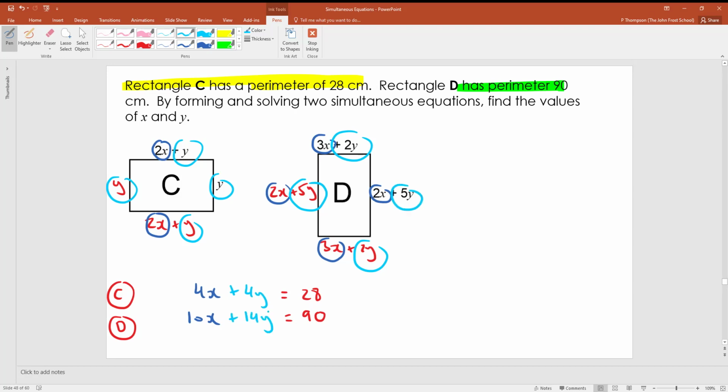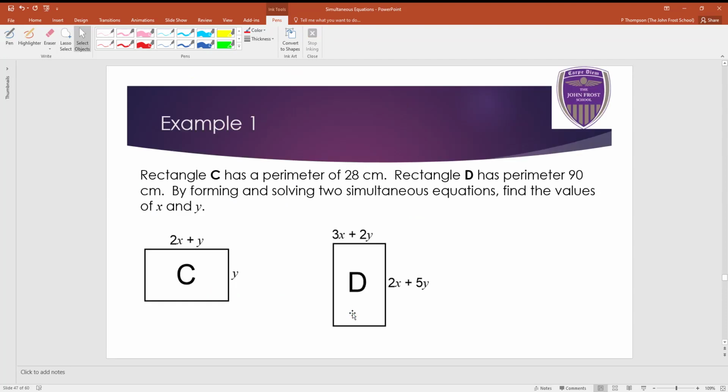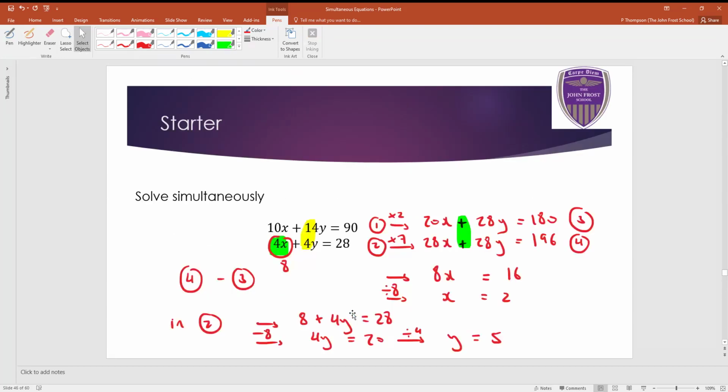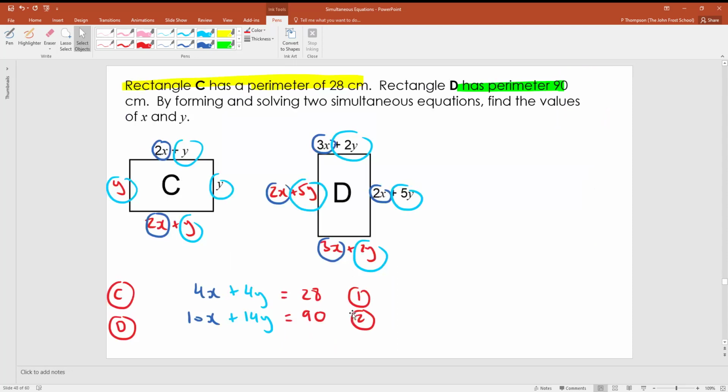And you should notice now that you could try and solve these, column 1 and 2. But what's the point? Because you've done it for the starter. I know they're in a different order, but it doesn't make any difference at all, does it? We solved those already. They're the exact same equations.